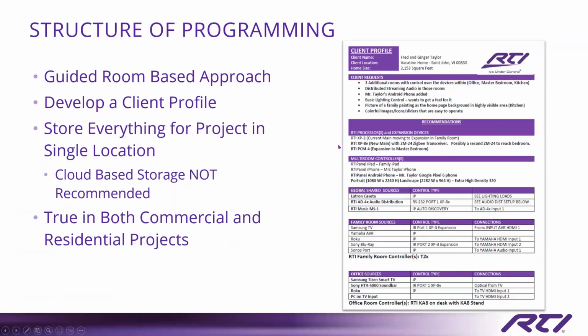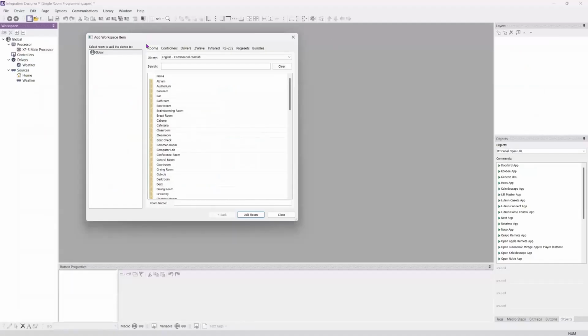So you'll notice that we did the main processor first, and now we're going to build the specific rooms, then we're going to add the specific devices in. Well, that goes along with what we've been talking about this whole time with Integration Designer, is that it's built on that type of premise.